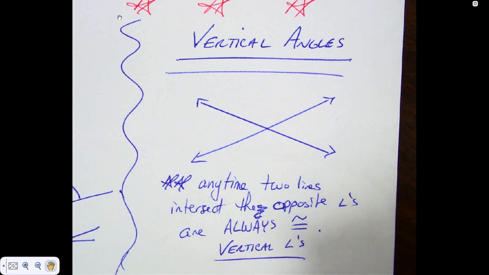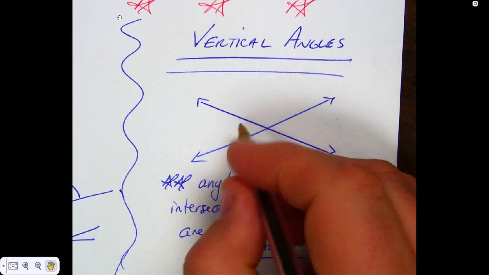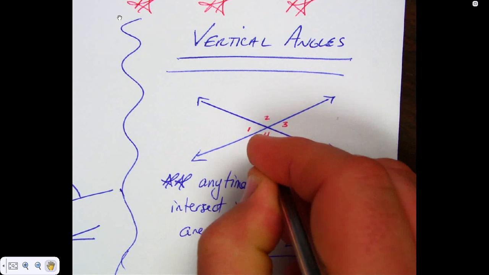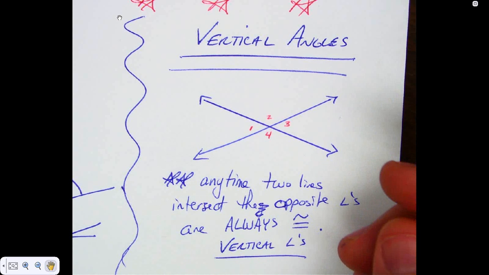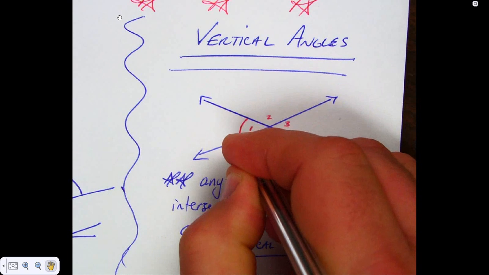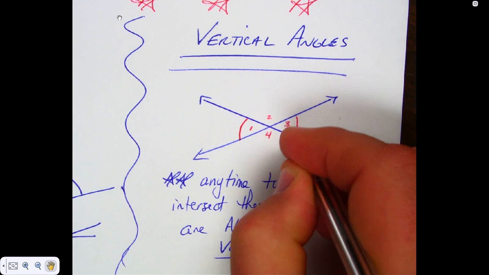So what am I saying here? This is angle 1, this is angle 2, this is angle 3. 4 angles are always going to be created when two lines intersect, aren't they? Which ones are the opposite angles? Give me an example of opposite angles here. 1 and 3. So I'm saying that any time two lines intersect, the opposite angles are what?